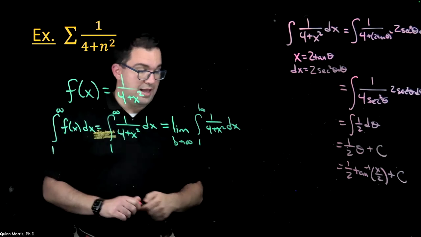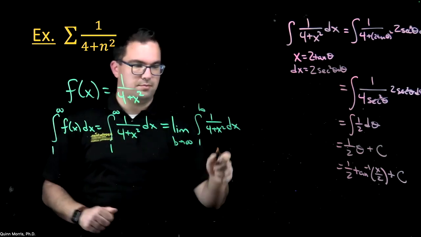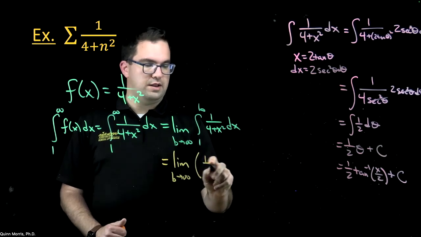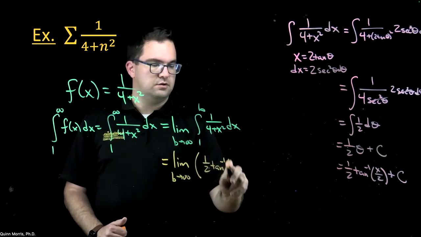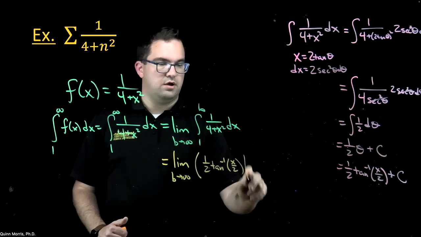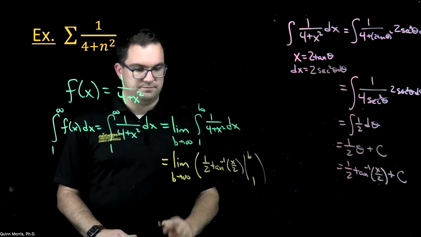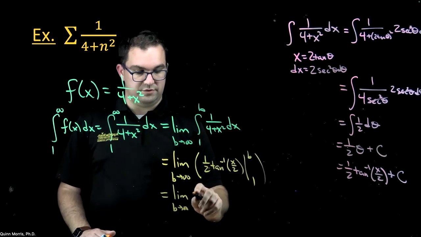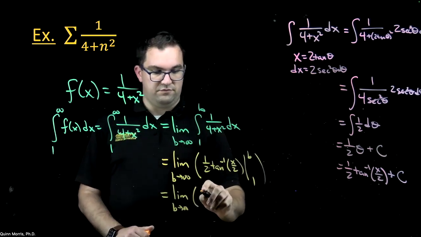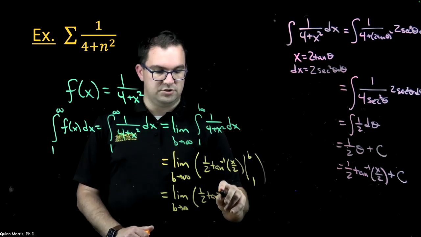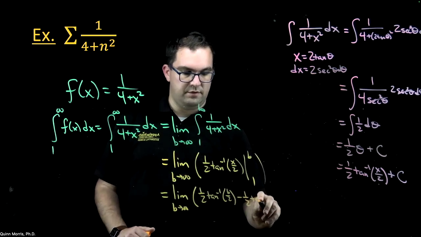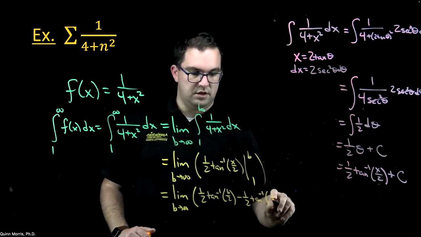All right, great. Now, coming back to my original problem, I have an antiderivative. So this ought to be the limit as b goes to infinity of 1/2 tangent inverse of x over 2 evaluated at b and 1, taking a difference. This ought to be the limit as b goes to infinity of 1/2 tangent inverse of b over 2 minus 1/2 tangent inverse of 1/2.